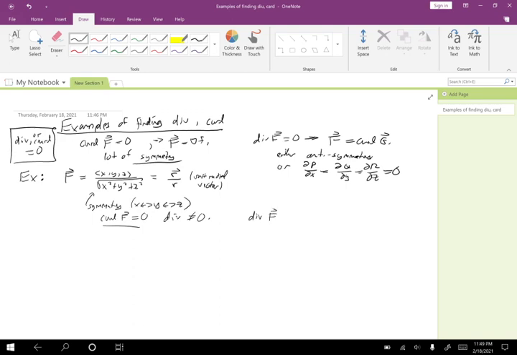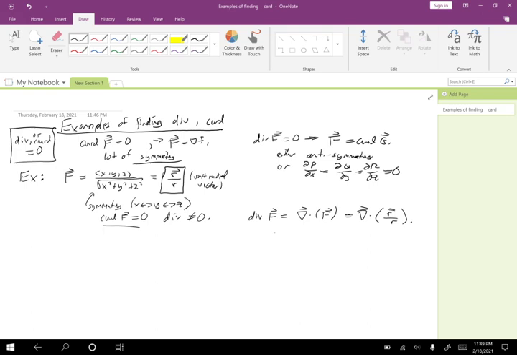The divergence of f, I'm going to write it as the gradient dot f, and I'm going to use that vector form. One thing you could do is just compute the divergence honestly and take partial derivatives. But as mathematicians or scientists, we should be as lazy as possible.